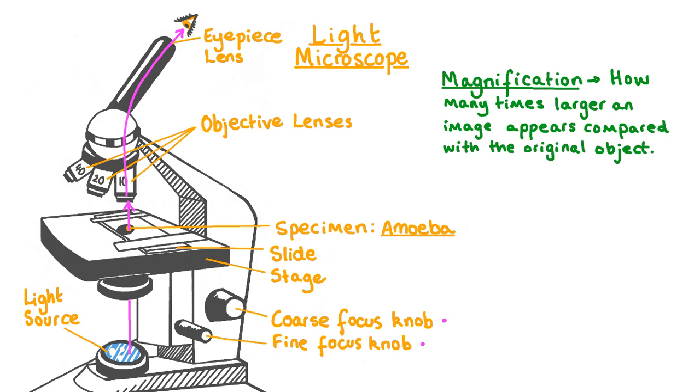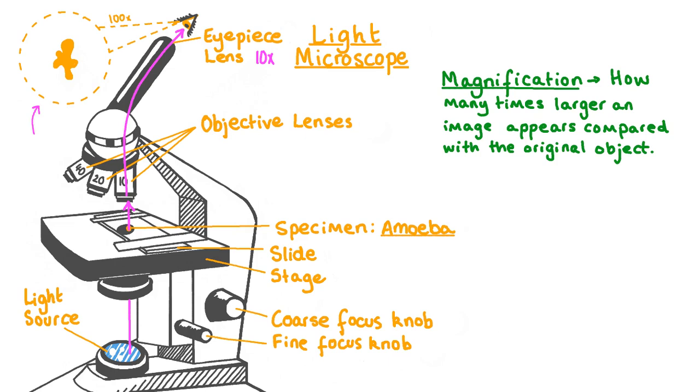On a light microscope, the magnification of the eyepiece lens remains the same, typically at around 10 times magnification, but the magnification of the objective lens you choose to use will determine the total magnification of the image that you will see. For example, if we looked through the microscope at the amoeba specimen on this slide, we might see something that looks like this.